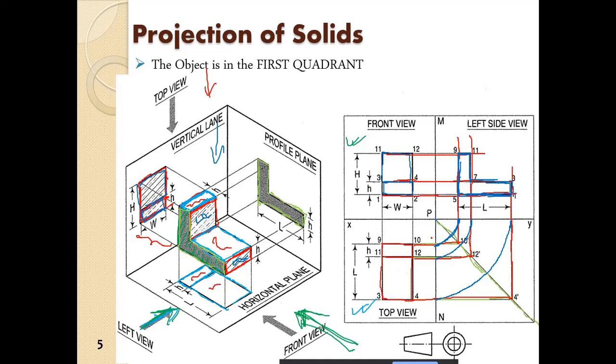And then from here you can draw arcs, or you can use the 45-degree line, right? So this is 45, this is 45, and you can draw horizontal lines, and then from there you can project. Both of the things are accurate and the same thing, right? And from here you draw horizontal projectors, find the points of intersection, and draw the left hand side view.